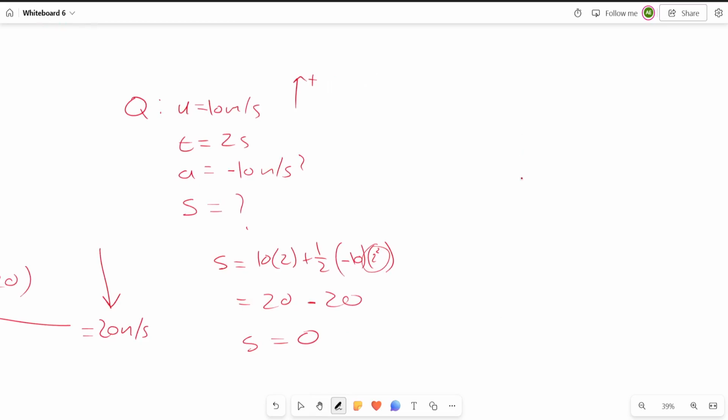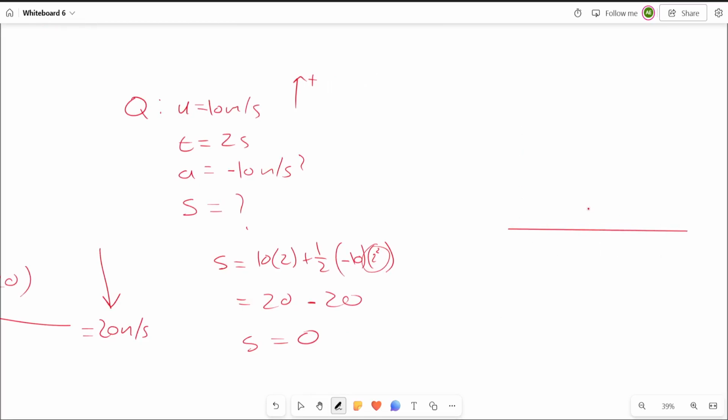So what's happening now, if this is my ground, I know that now p is here after 2 seconds, moving with a downward velocity of 20 meters per second. This is the point of the collision, which was 20 meters. And now q, in those 2 seconds that p fell from here to here, what happened to q is that it went up and it went down again. And after the 2 seconds, it has a displacement of 0.